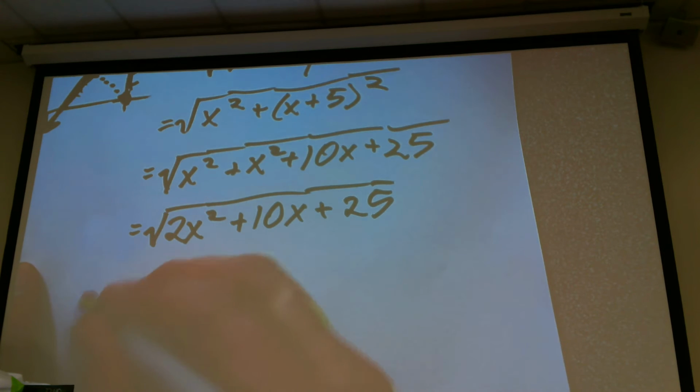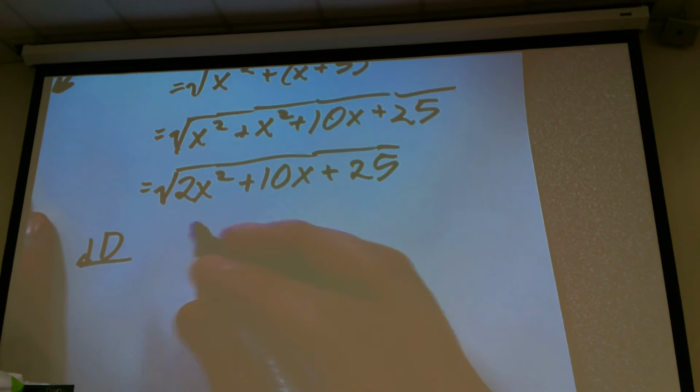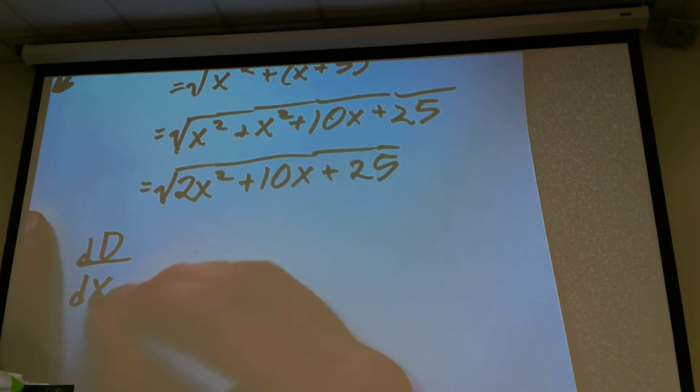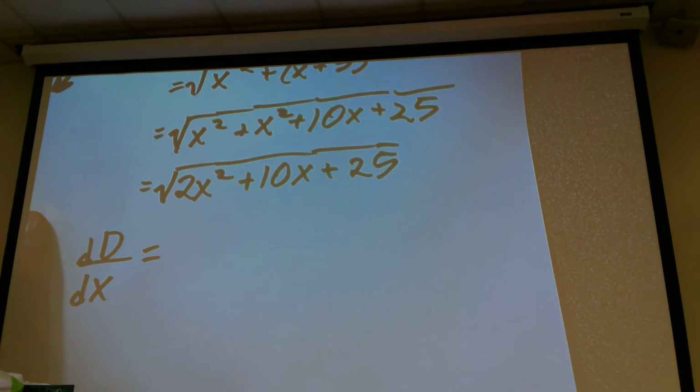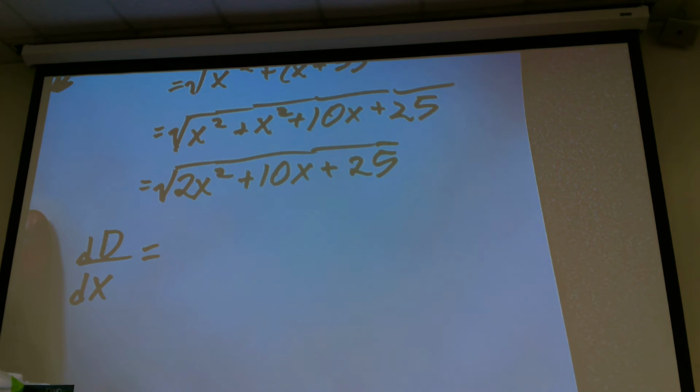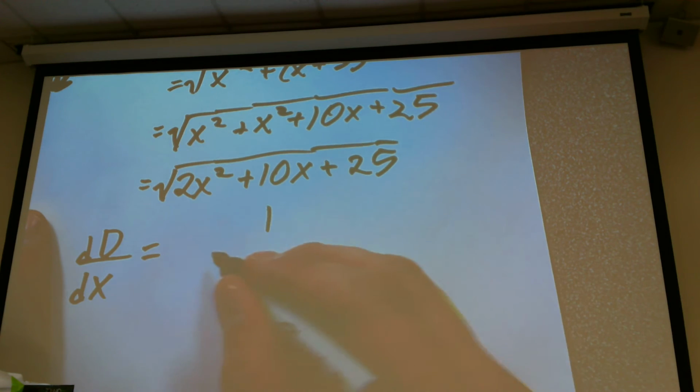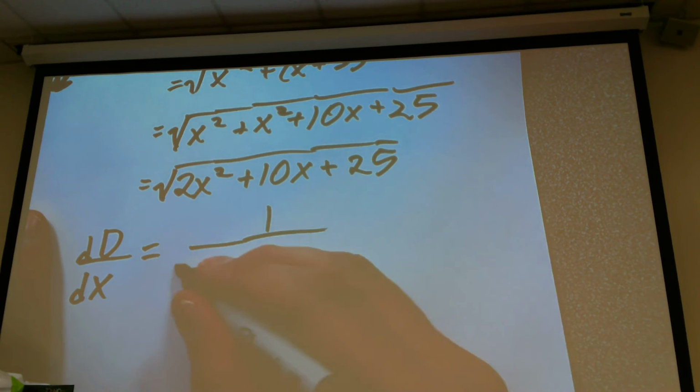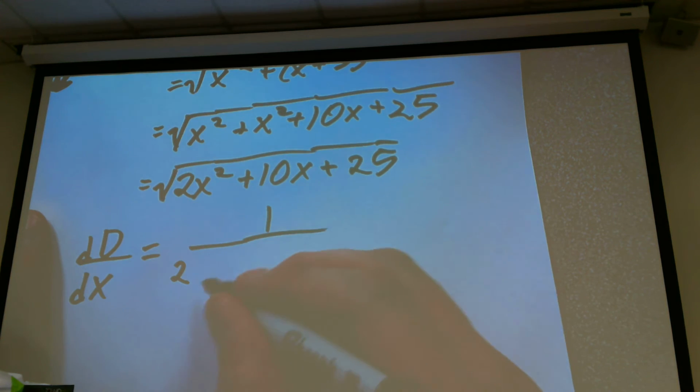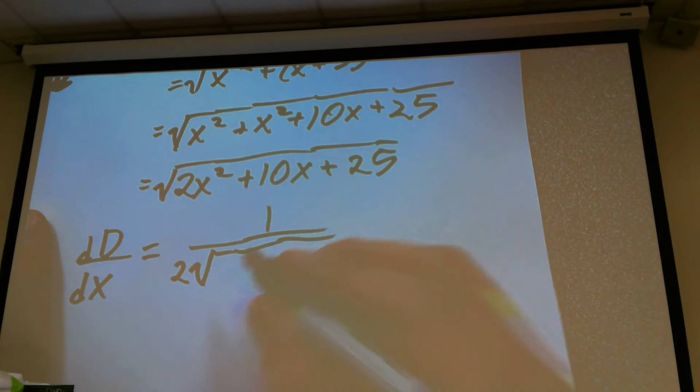Now I'm going to take a derivative with respect to x. So the derivative of the distance with respect to x. When you take the derivative of the square root, that's the first thing we're going to differentiate. It's going to spit out a 1/2, and it's going to drop the power to negative 1/2. So this would be 1 divided by the square root, since negative 1/2 is just saying put the square root on bottom.